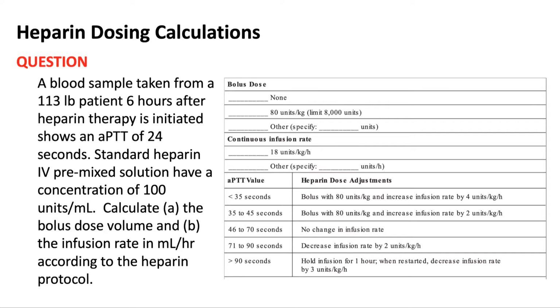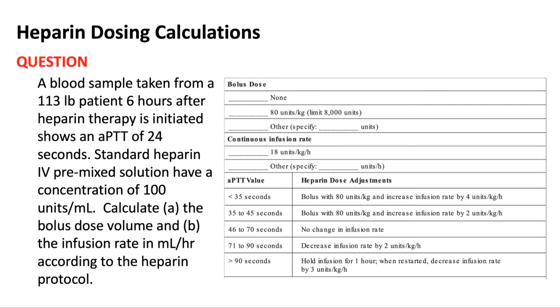The trick is we want it to be long enough so that we don't get a blood clot, but we don't want it so long to coagulate that the patient could bleed out. In this case, we'll have to interpret in a minute what a value of 24 seconds means. But it tells you how effective our current heparin therapy is. This patient has already been on heparin for a while, and that will tell us how strong the therapy is.